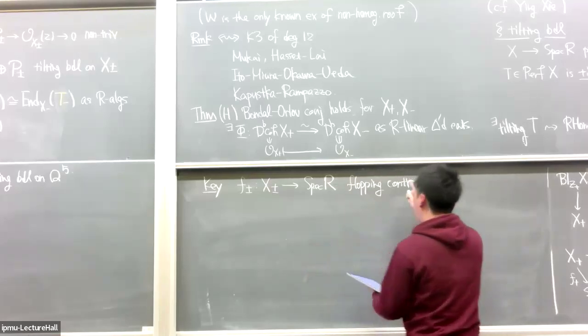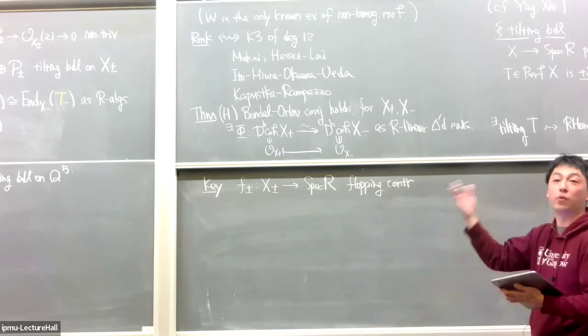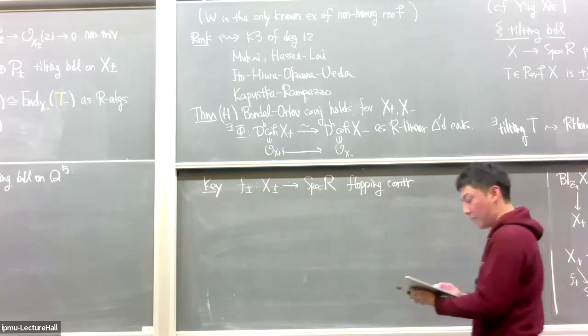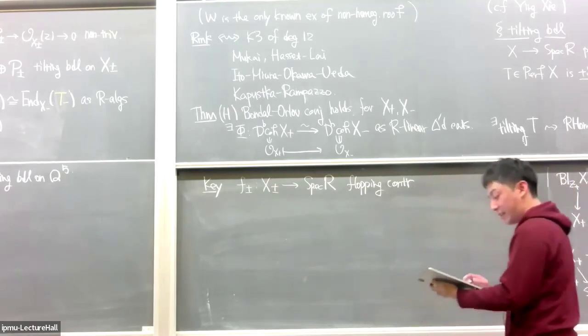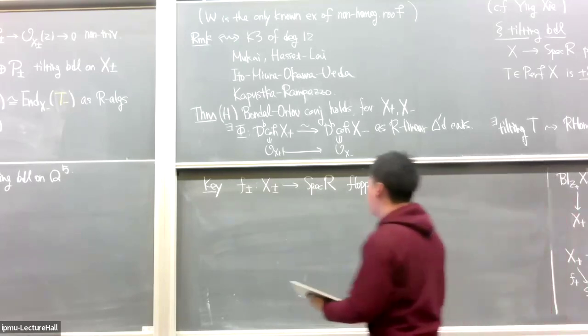Which means this is isomorphic in codimension 1, I mean, isomorphic outside codimension 2 loci.